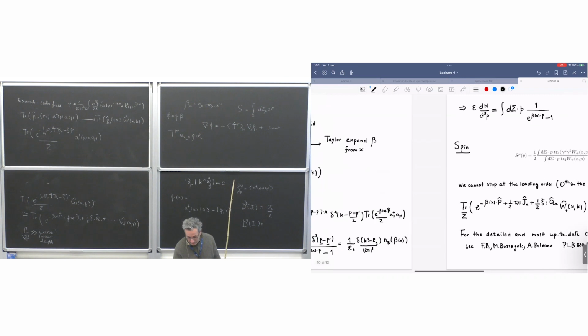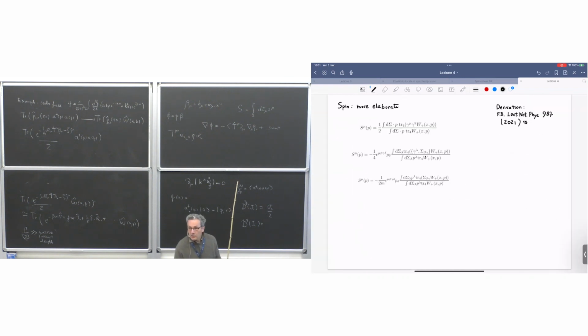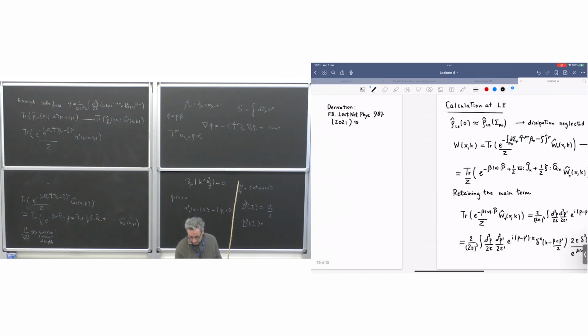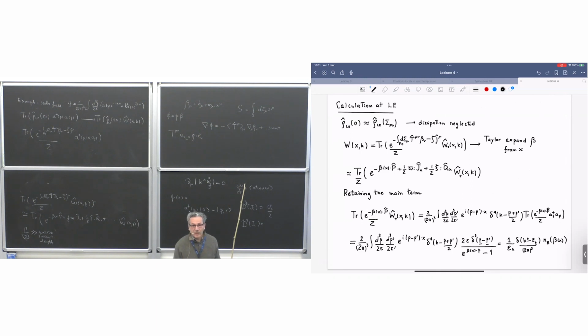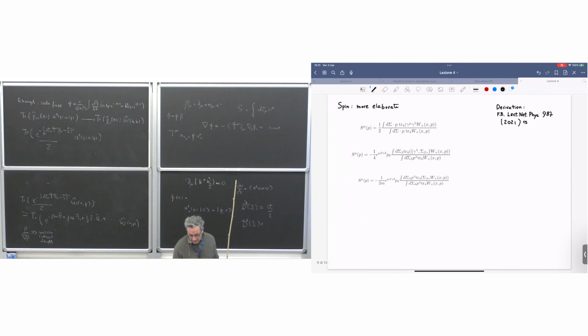Now let me talk about the spin polarization. The spectrum is very important in heavy ion collisions, but as I emphasized at the beginning of this course, there is something that you cannot get otherwise, and this is the spin polarization vector, because this is inherently quantum, so you must start from a quantum statistical framework from the very beginning.